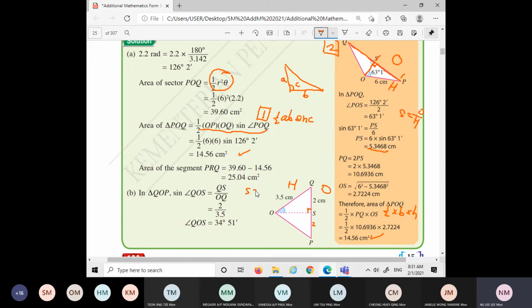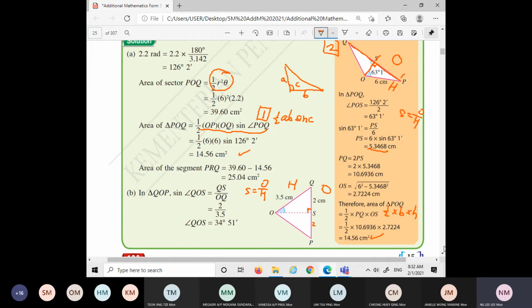Then you press calculator, shift sine, and you will get 34 degrees 51 minutes. Now we get the angle, but pay attention, this angle is only half of the whole thing. Therefore you need to times 2.